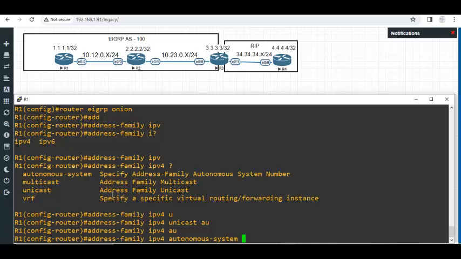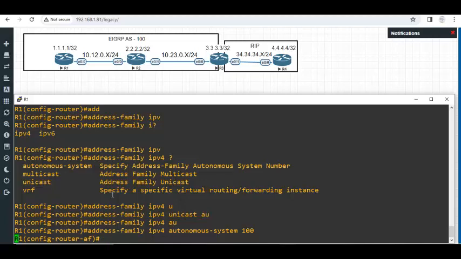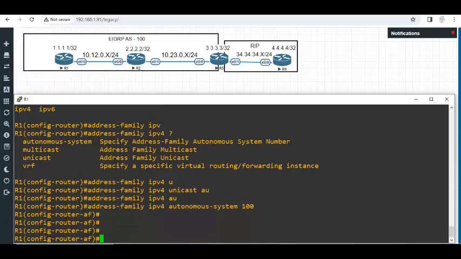Now address family IPv4 autonomous system number 100. Understand? Now the router knows that you want to run IPv4 EIGRP, and that EIGRP will be a member of autonomous system 100. Now if you say network, you have the command.